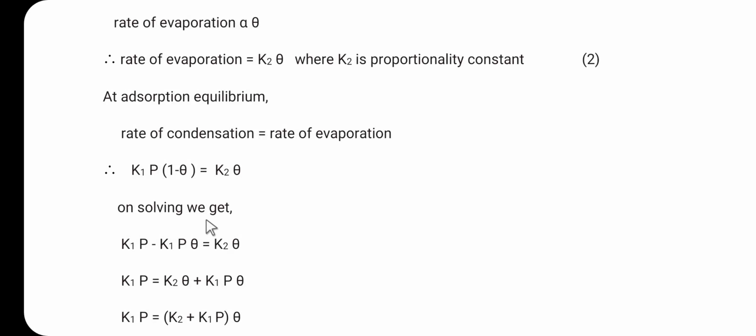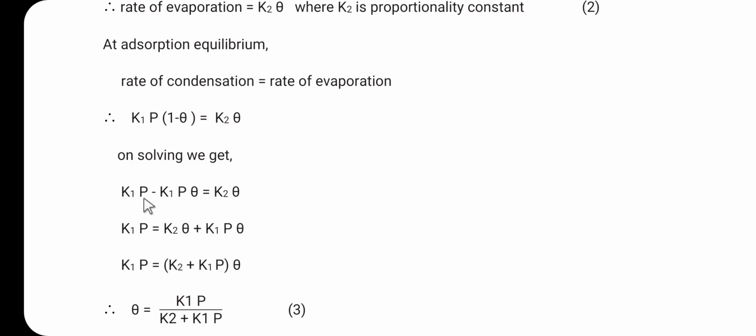On solving this we can write K1 P minus K1 P theta is equal to K2 theta. Rearranging, K1 P is equal to K2 theta plus K1 P theta. So K1 P is equal to (K2 plus K1 P) into theta.